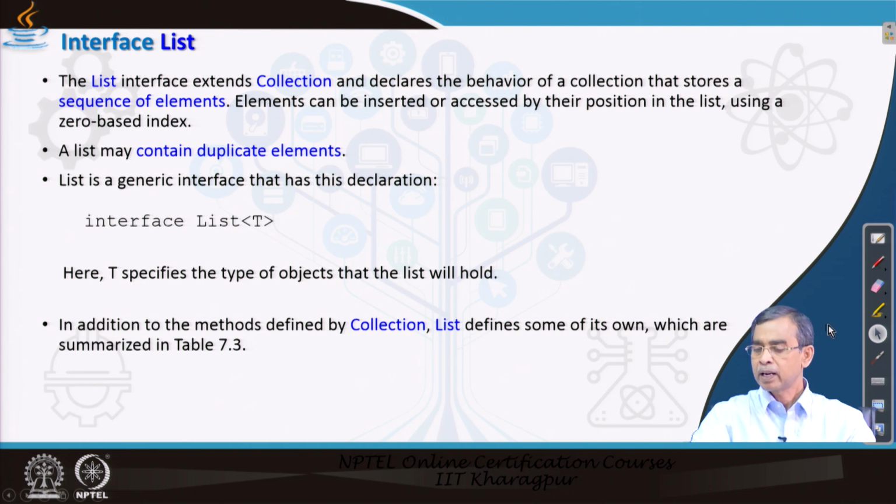It is meant for storing any type of element, so that is why it is a template. It is an interface, this is its name, List, and the type of element that it can hold is a template. That means it can store any type of data: integer, double, float, string or any user defined data.